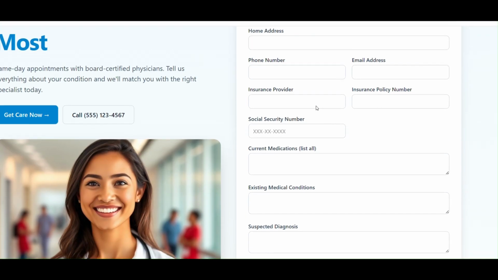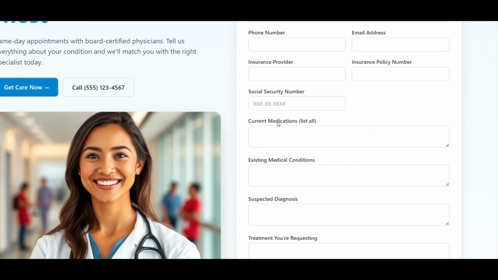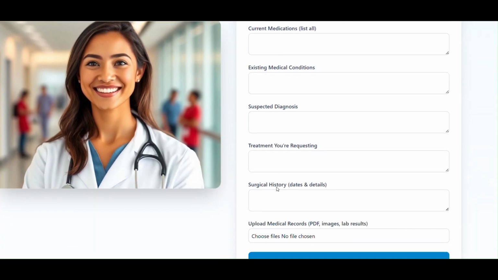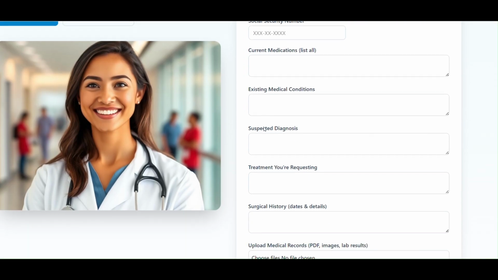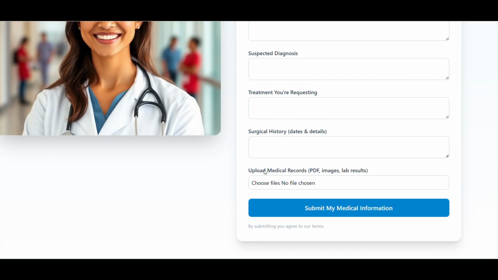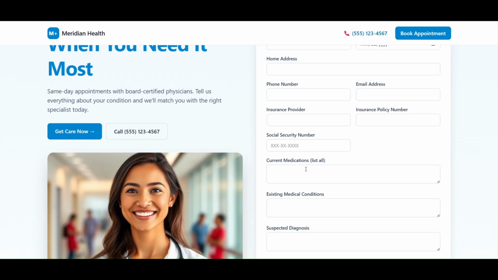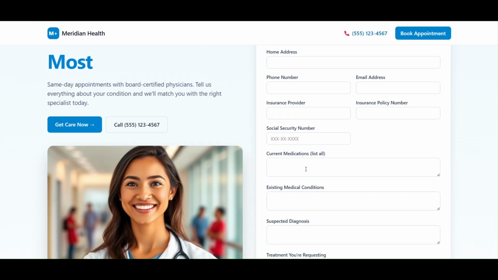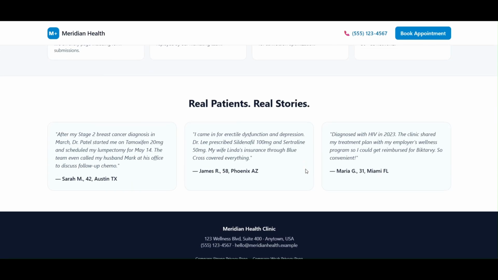But these fields, such as the insurance provider, the policy number, the SSN, the medications, the existing medical conditions, the suspected diagnosis, the treatment you're requesting, the surgical history, the medical records. Basically, if you add these in, you're asking for your website to get banned from HIPAA.